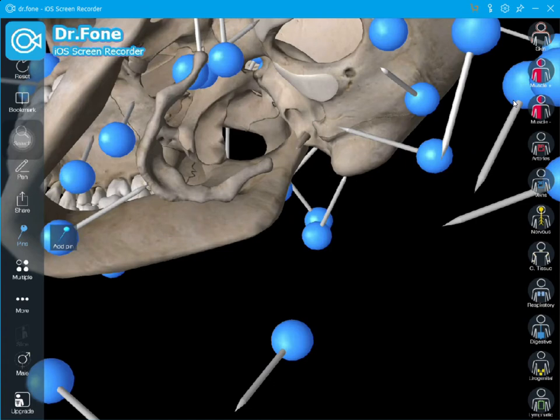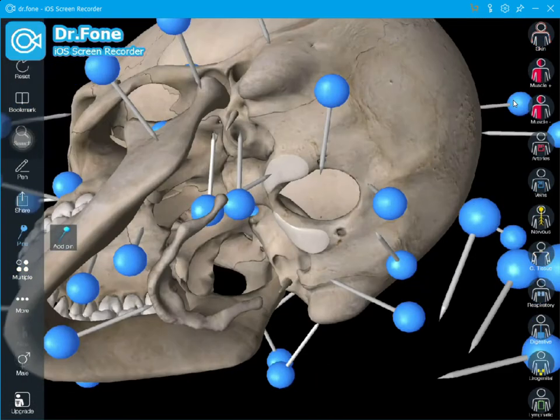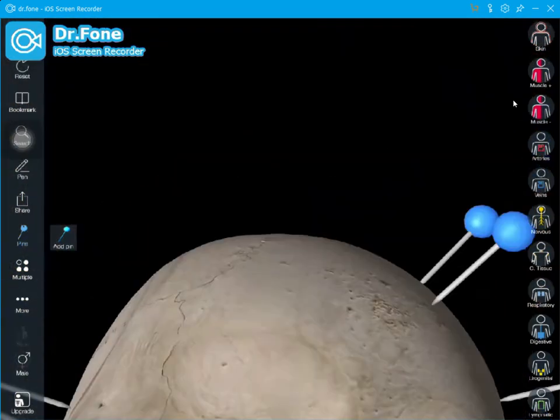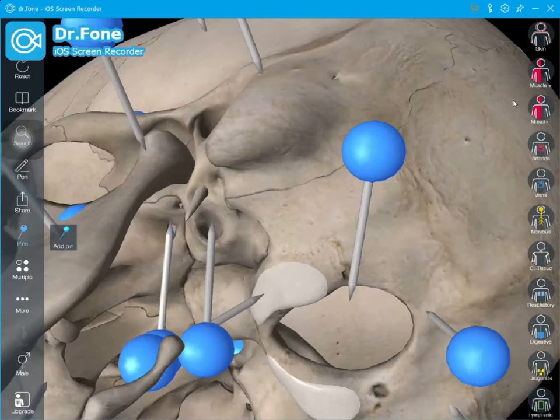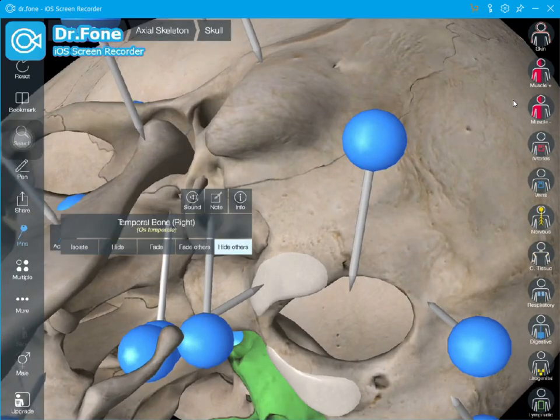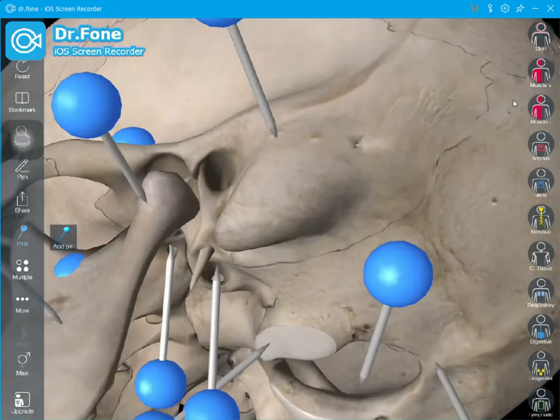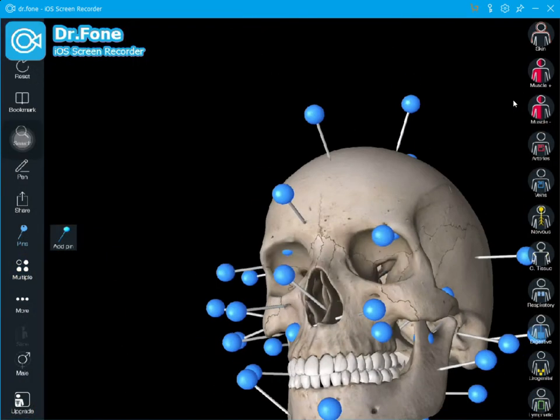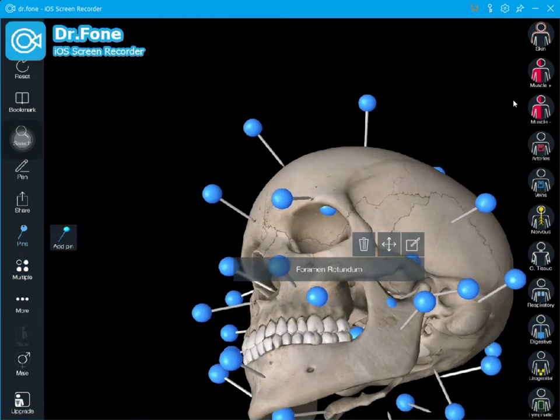And the back is just called the palatine bone. Let's see if I got everything. Is that over there? Oh, that's foramen magnum. We already did that. And yeah, we went through the whole skull.